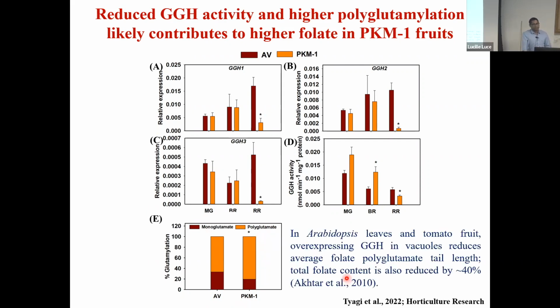Recently, one paper came where they overexpressed this GGH enzyme, and they found that overexpression of GGH in the vacuole reduced the folate polyglutamate tail length, and the folate content was reduced almost 40%.